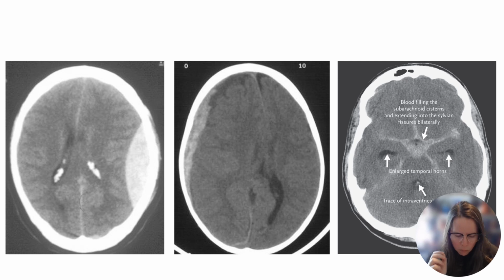So one of the things that we see in patients that have very severe head injuries, like really bad, is we can look for something called Cushing's triad. So Cushing's triad is something that occurs when your intracranial pressure increases. So the pressure on your brain is getting too high.